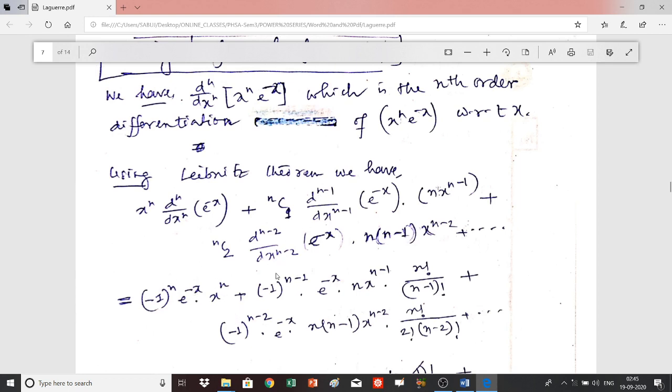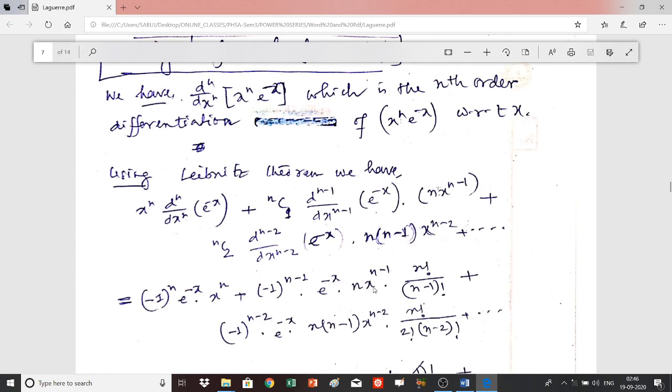And in this case, since the differentiation is done for n minus 1 times, the term here will be (-1)^(n minus 1) e to the power minus x, and n into x to the power n minus 1, and you can write this constant nC1 as n factorial by (n minus 1) factorial. Then plus, since the differentiation here is of order n minus 2, for each differentiation minus 1 will come, and this will give you (-1)^(n minus 2) e to the power minus x.